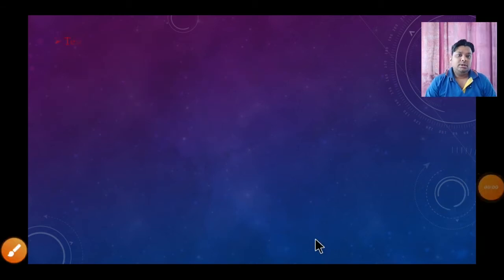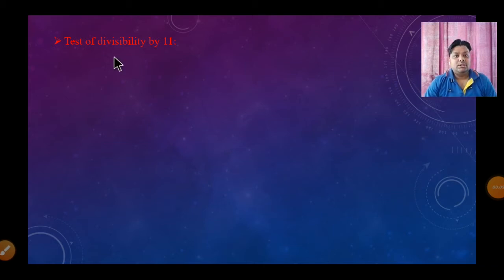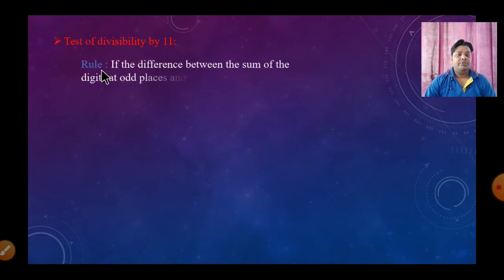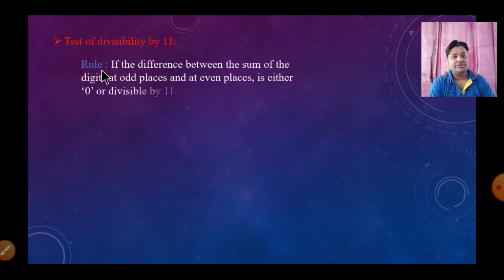Now students, here you can see that we will check the test of divisibility by 11. If the difference between the sum of the digits at odd places and at even places is either 0 or divisible by 11, it means we have to take the digits at odd places and even places separately.